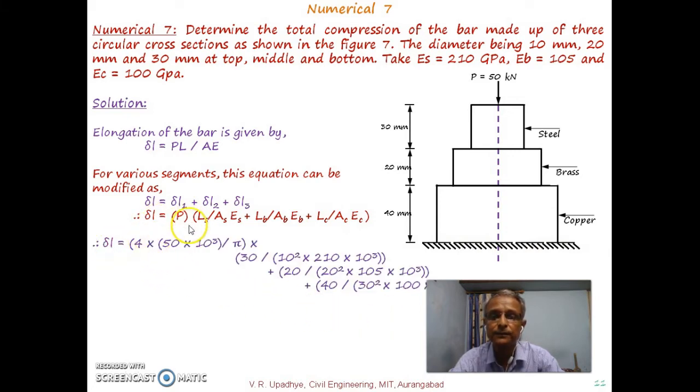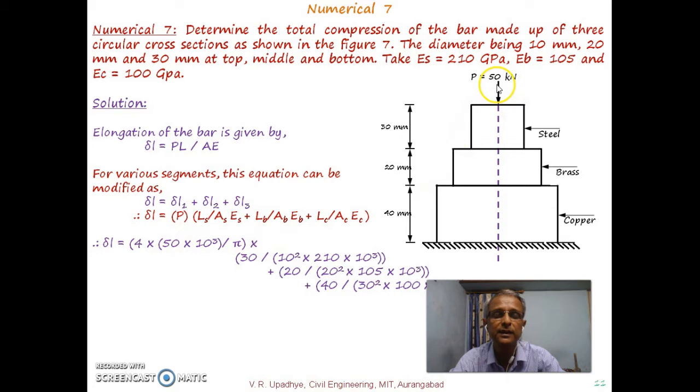Delta L is equal to, now for each area of cross section, this is a circular cross section as given. So the diameter is given, so the area will be pi by 4 d square. Pi by 4 is common, taken out, so pi by 4 is written over here, and the force for all materials is the same, 50 into 10 to the power 3.